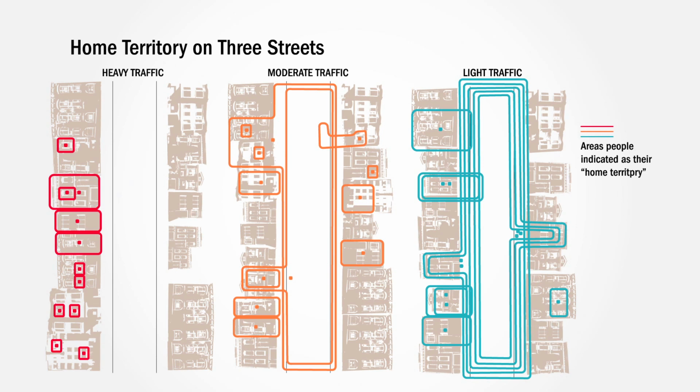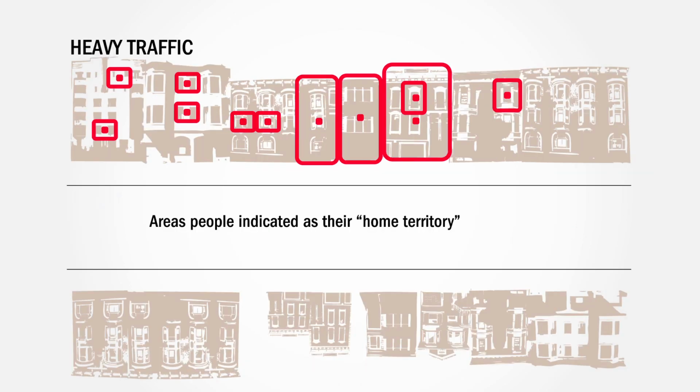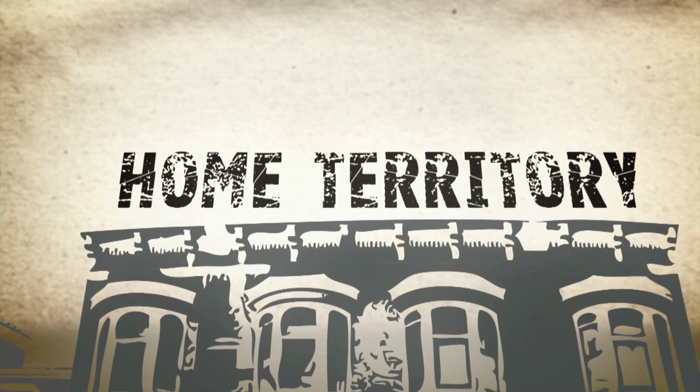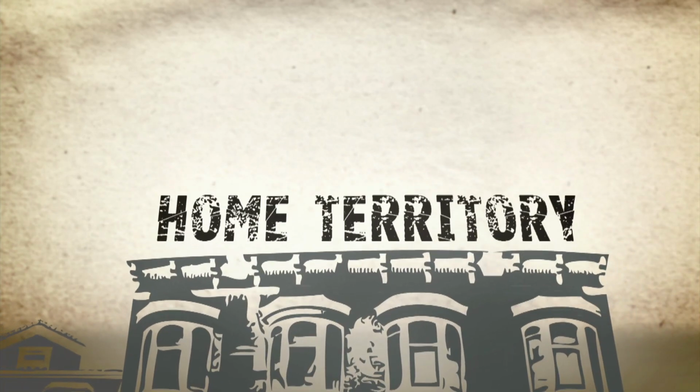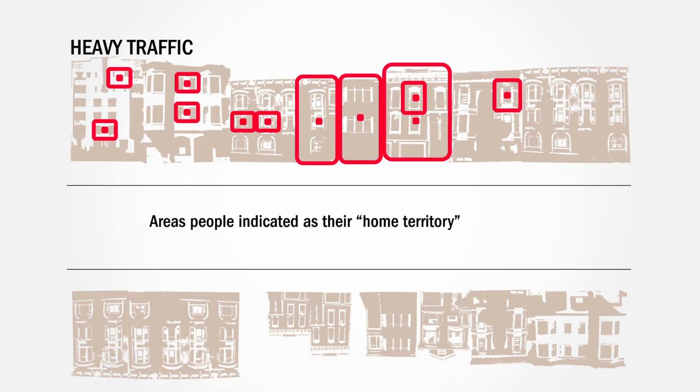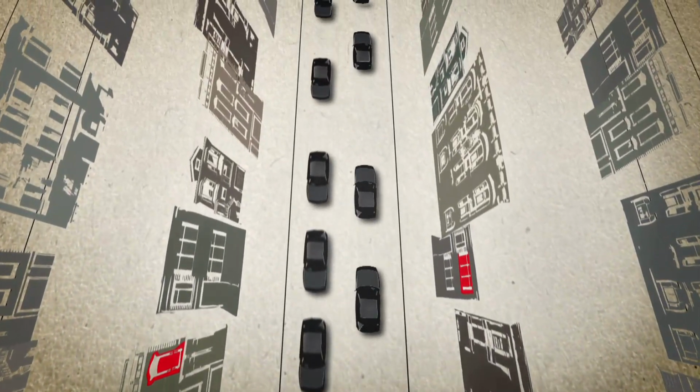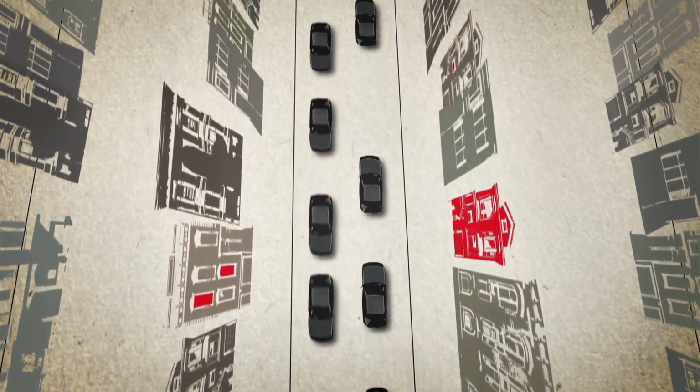What we have plotted here are people's responses on the 3 different streets: the heavily trafficked street, the moderately trafficked street, and the lightly trafficked street. It's probably easiest to understand these charts on the heavily trafficked street, because people basically drew red rectangles showing their apartment, or in some cases their whole building, as their home territory.